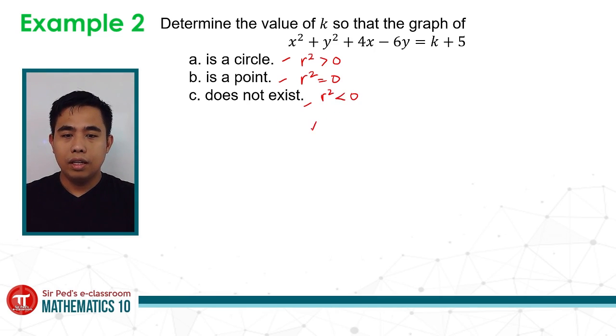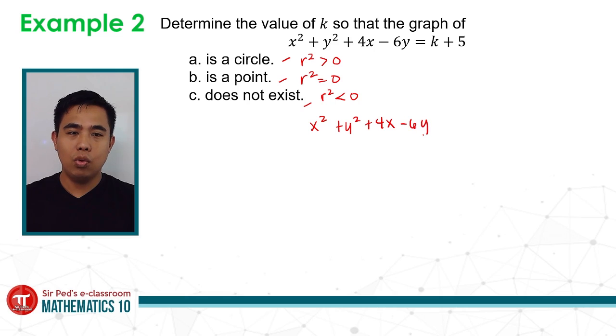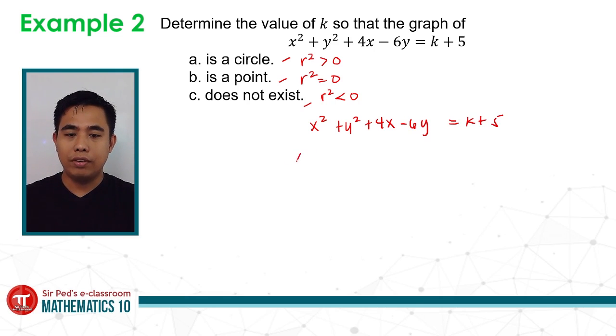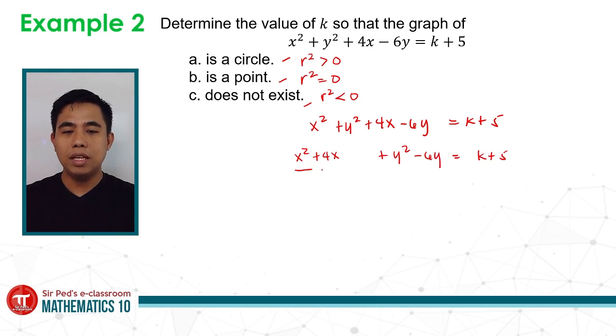Now, let us rewrite the equation x squared plus y squared plus 4x minus 6y equals k plus 5. Let's write the equation in standard form. So we can write this as x squared plus 4x plus y squared minus 6y equals k plus 5. What must be added to x squared plus 4x to make it a perfect square trinomial?